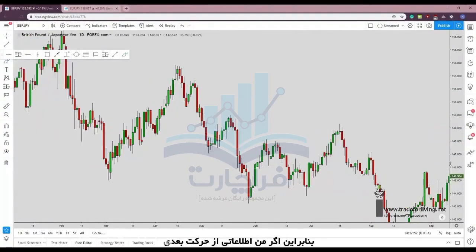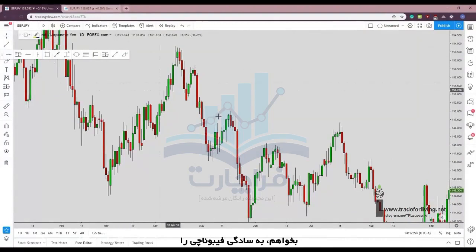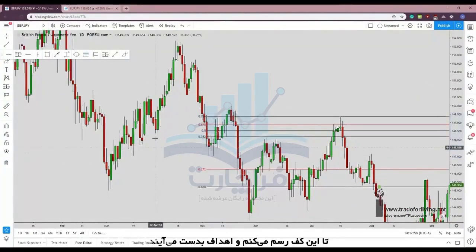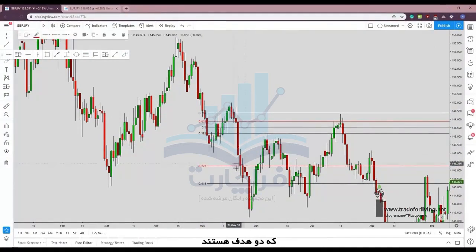So if I want information on this next impulse, I will simply take my Fibonacci from the high to the low, and I will have target 1 and target 2. Target 1 at the minus 27 and target 2 at the minus 0.618, which is also aligning perfectly with this low here.